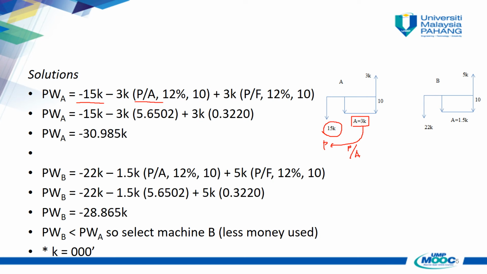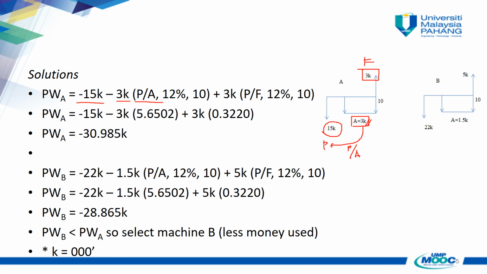What is the A value? The A value is 3,000 here, 3,000 here. And then after that, we also need to add, because we salvage our machinery at year 10 for 3,000. This 3,000 is our F, future value.